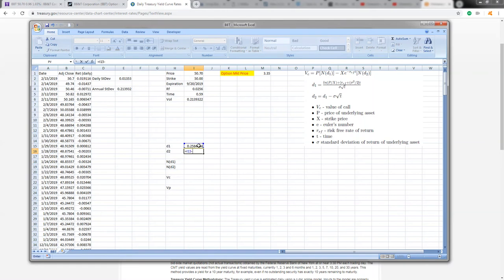To calculate D2, D1 minus volatility times square root of time.